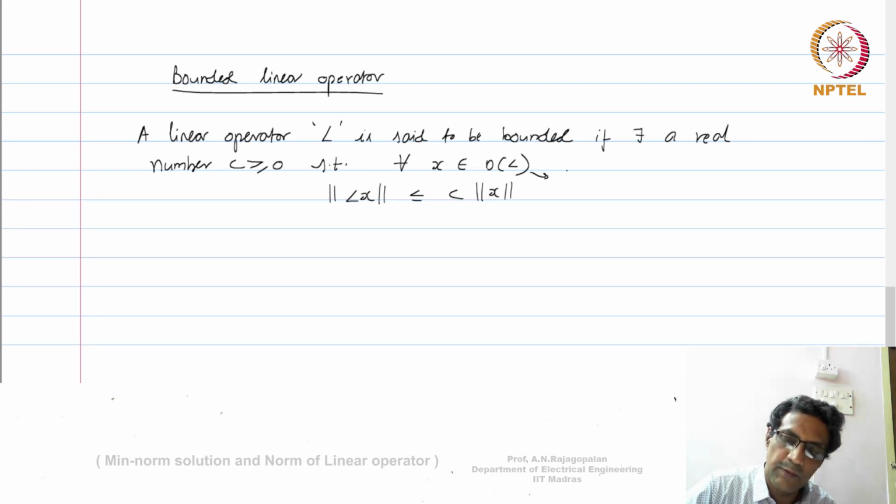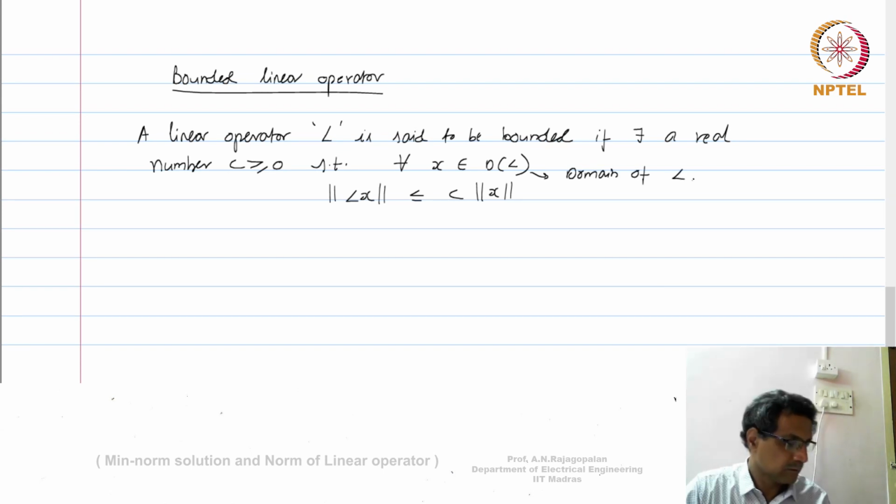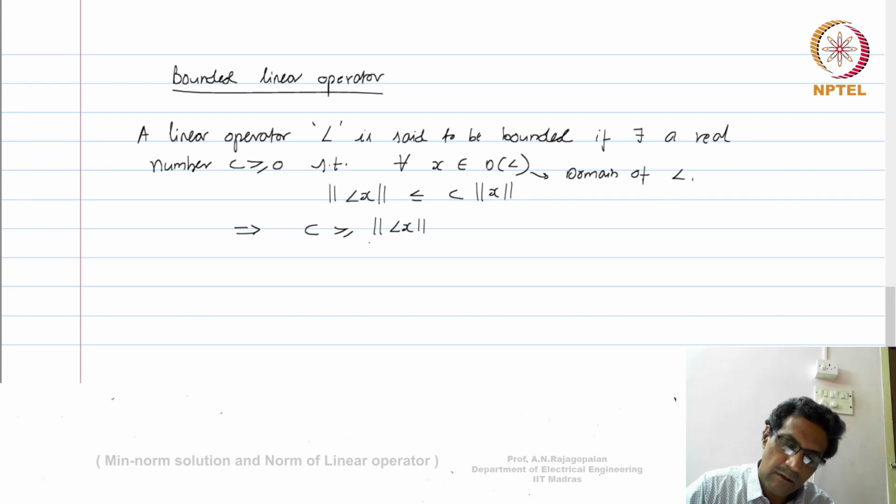This is the domain of L. This implies that C is greater than or equal to norm Lx by norm x. The smallest possible C, right?